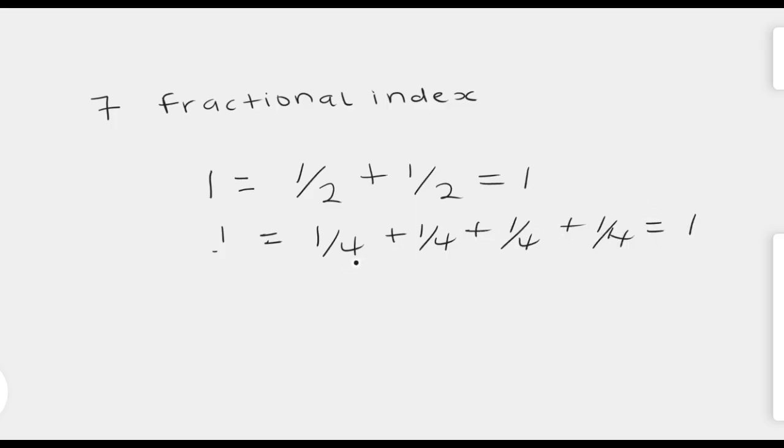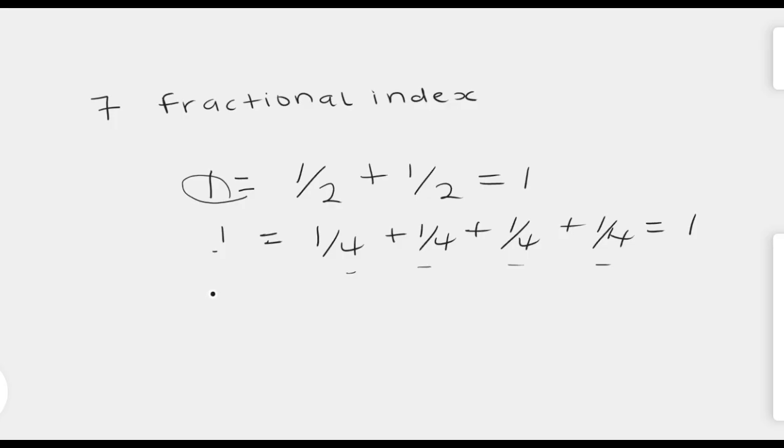So these are all fractions, and each of them is part of 1. So fractional index is simply a way of showing a part of a whole number, let's say the whole number is 1. That is what a fractional index is.